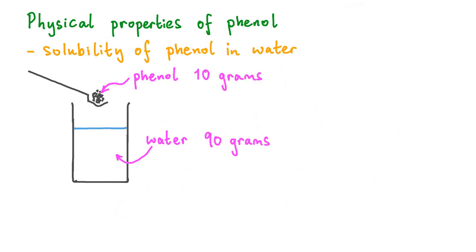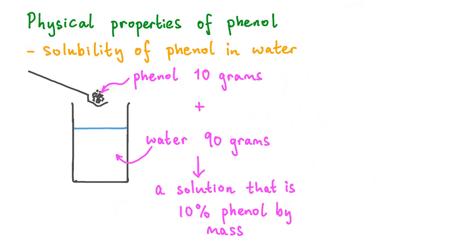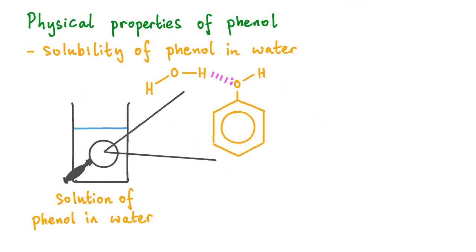At higher temperatures, it's possible to dissolve about 10 grams of phenol into 90 grams of water. This would result in a solution that is about 10% phenol in water by mass. So why is phenol far more soluble in water than benzene?